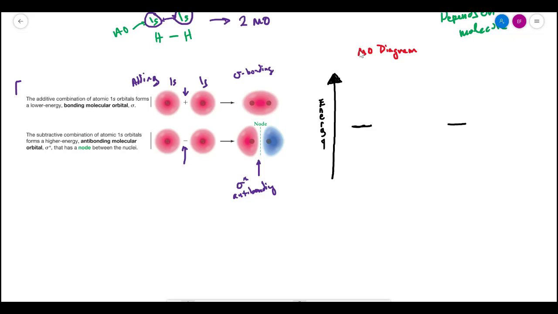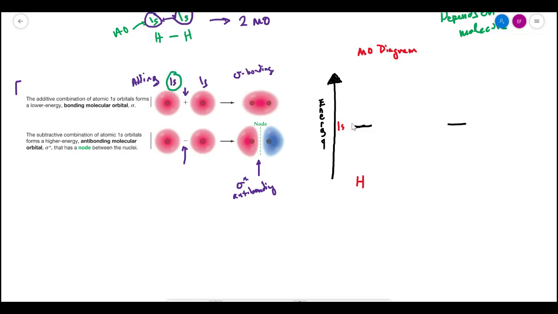And the way that you construct these is you start with the atomic orbital energy levels separated on left and right for the two atoms that you want to bring together. In our example here, we have the simplest of simple cases, which is just hydrogen, or H2. So we have over here on the left the energy level for one of the hydrogens and its 1s orbital. So we're talking about this one here.